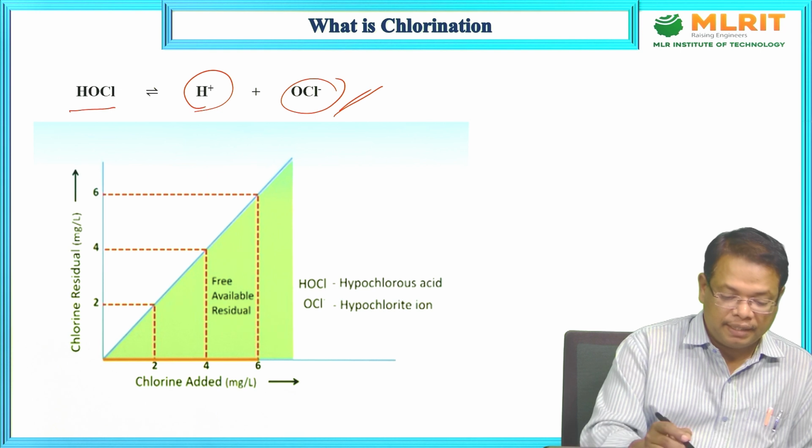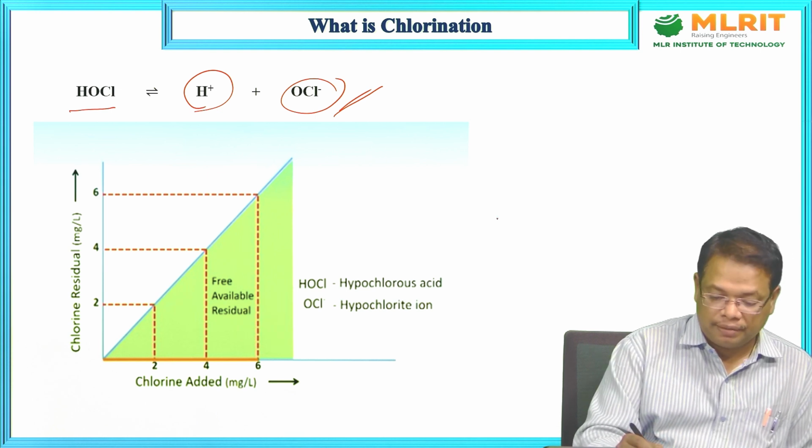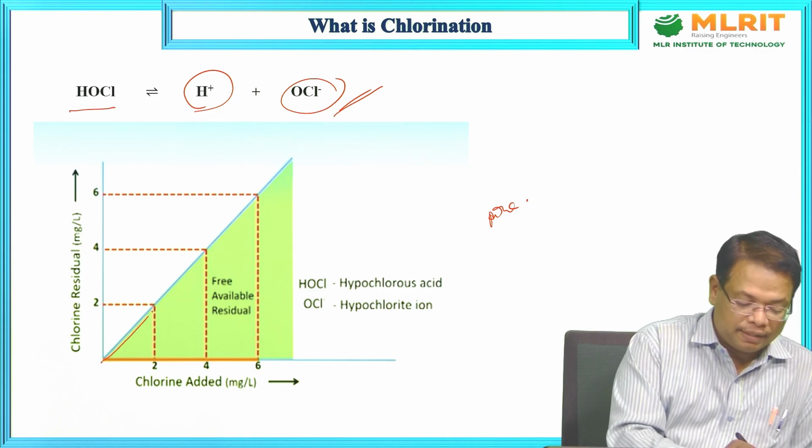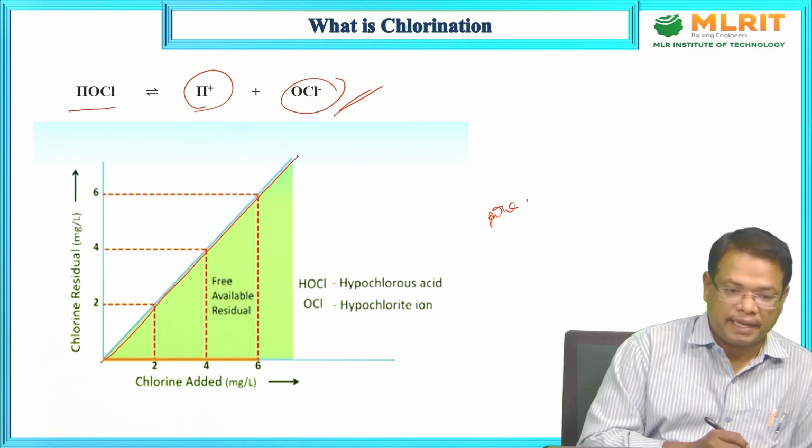Generally, if you take pure water and add chlorine, the chlorine curve will be a linear straight line.